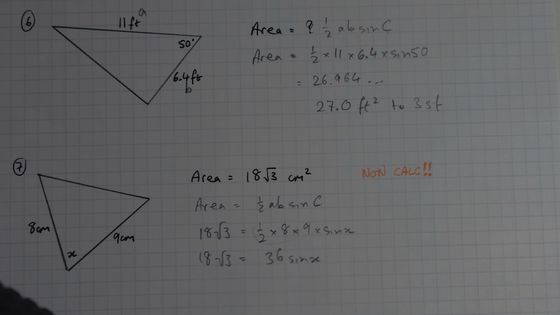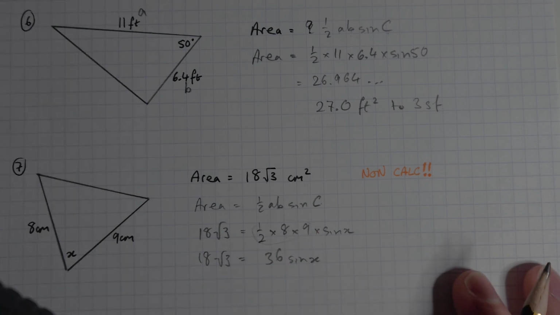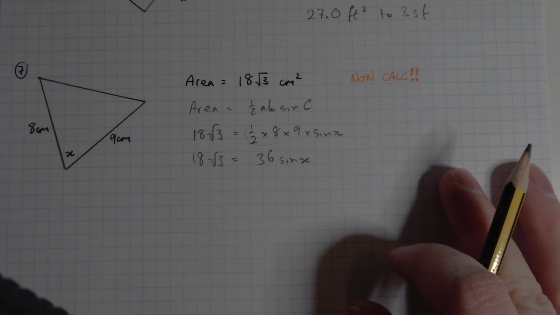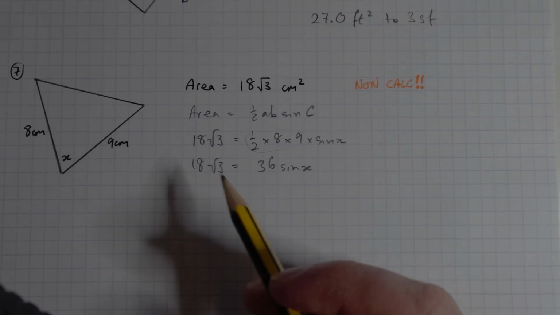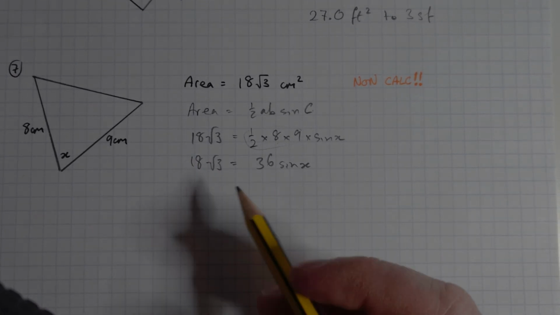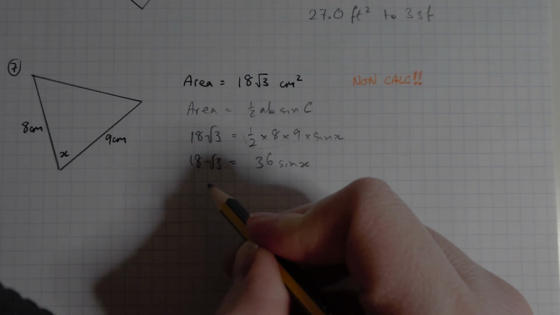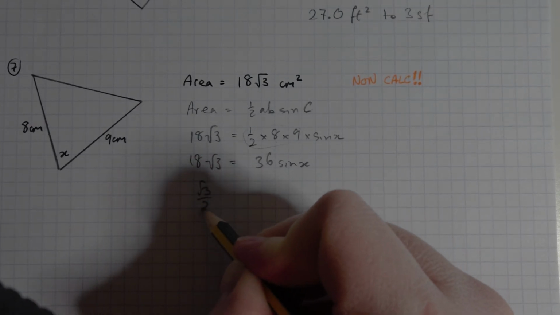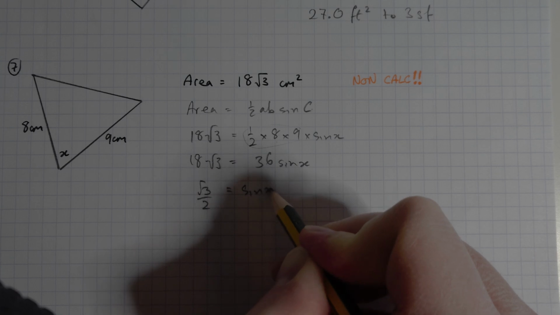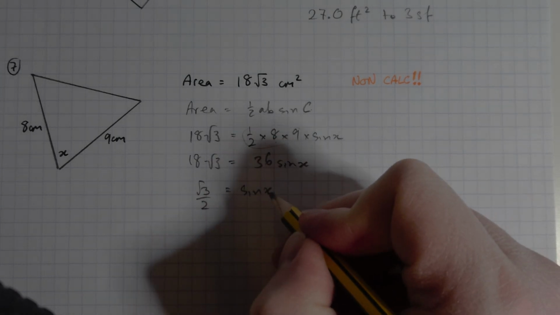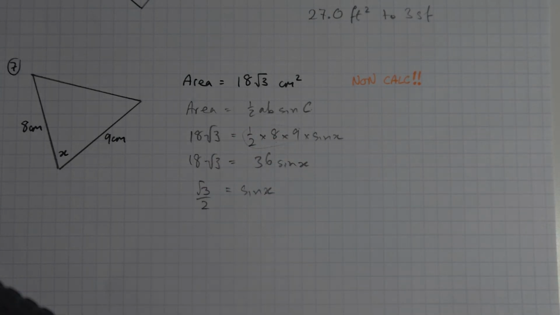If I divide both sides by 36, well 18 divided by 36 is a half. So I get half root 3, or root 3 over 2 is probably a better way of writing that. And you're supposed to recognise that root 3 over 2 is one of the special ones.